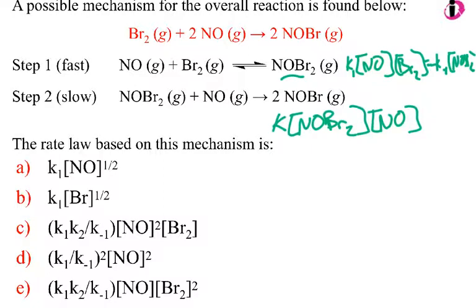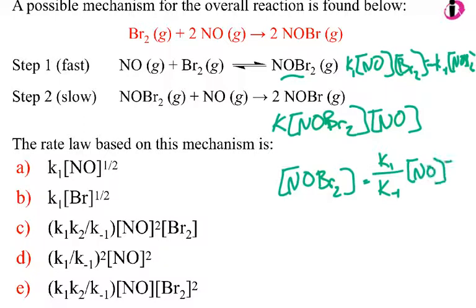So then we can plug in from up here. We know that our NOBr2 is equal to K1 over K minus 1 times NO times Br2.